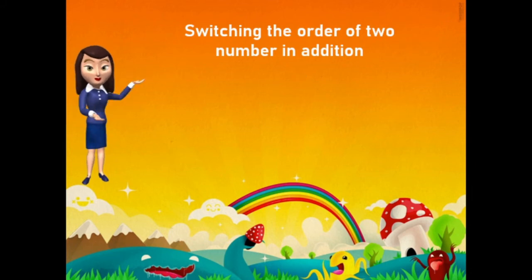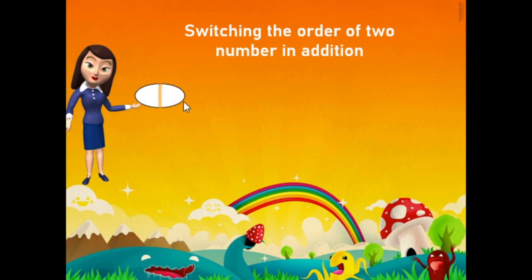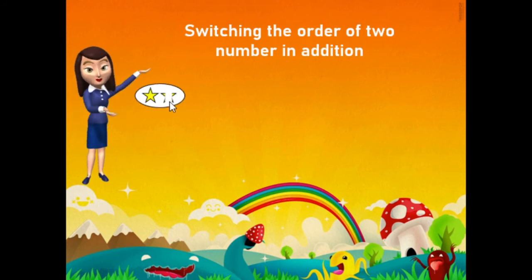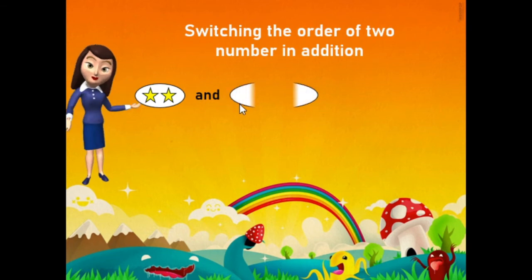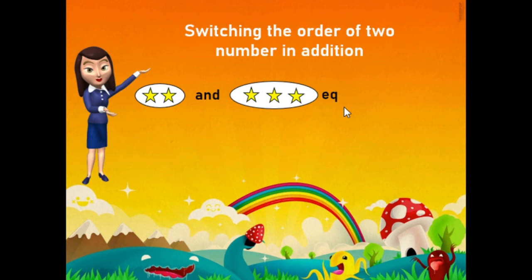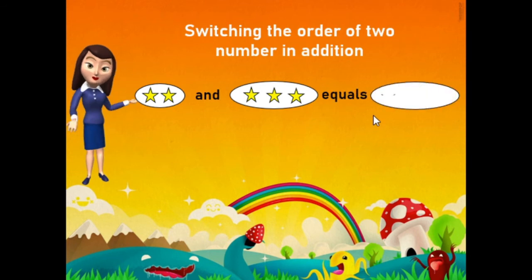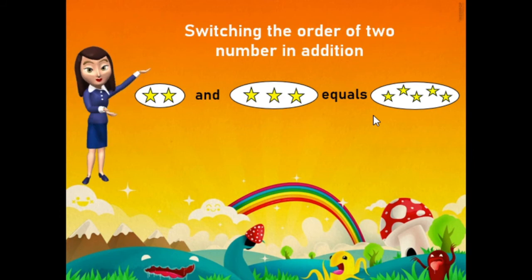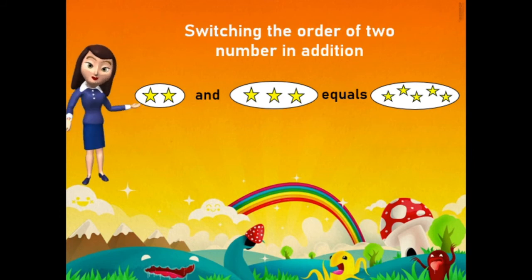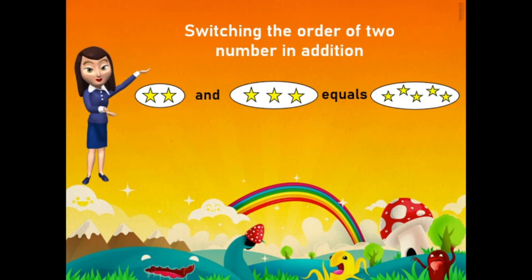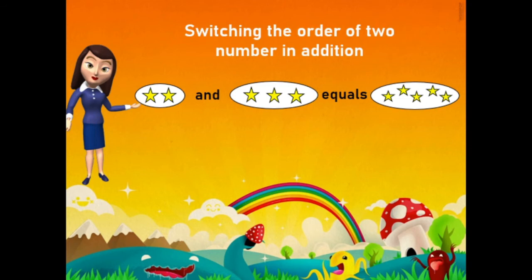For example, I have here 2 stars and this and this. Let's try to write it in numbers so that we will know whether we can get the correct answer even if we change the position of the numbers.